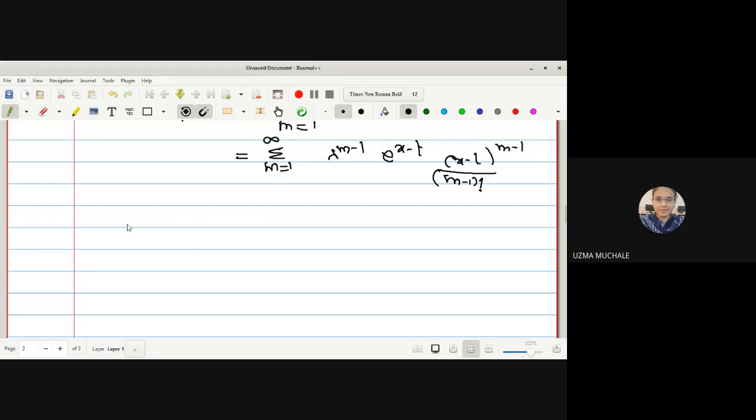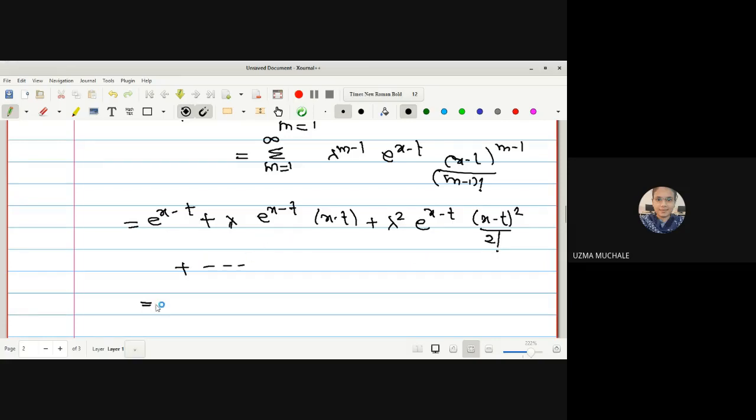Are you getting any general formula for this one? Let me write down: e raised to x minus t, first one, plus after running the summation, lambda is 1, e raised to x minus t into (x minus t), plus lambda square e raised to x minus t into (x minus t) square divided by 2 factorial, and so on, right?